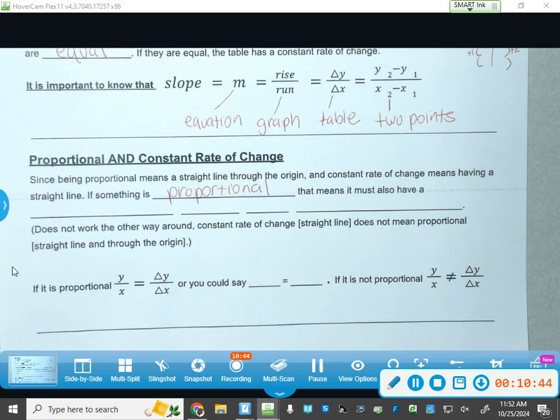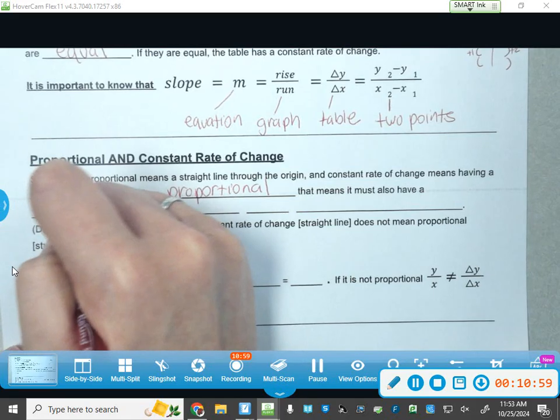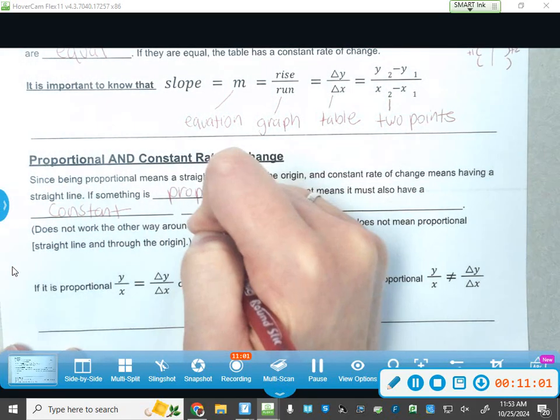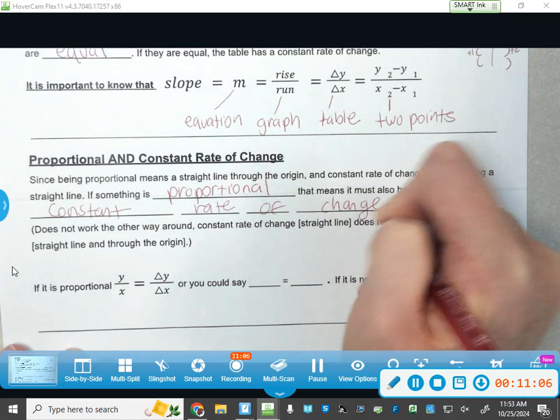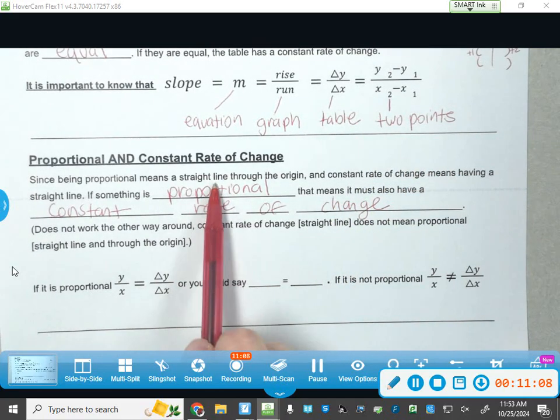It must have a what? Nope. If something is proportional, it must have a, Jackson? Yeah. If we know it's a straight line and through the origin, it has to have a straight line. Straight line, linear, means there's a constant rate of change.